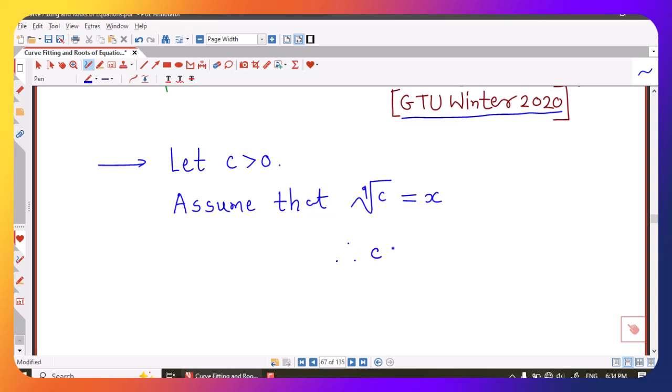Therefore I can rewrite this as C to the power 1 by q equal to x, and if I take the qth power on both sides I will have C equal to x to the power q.